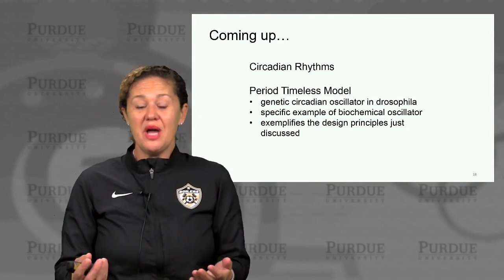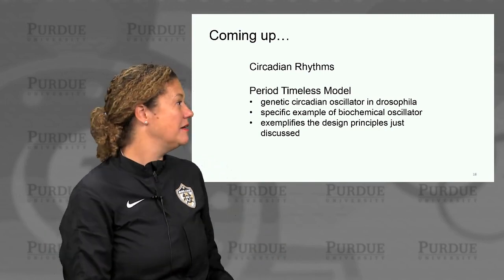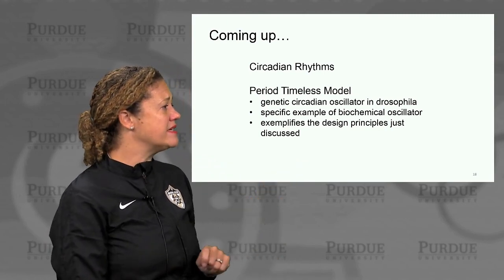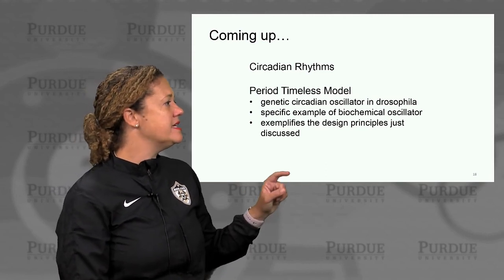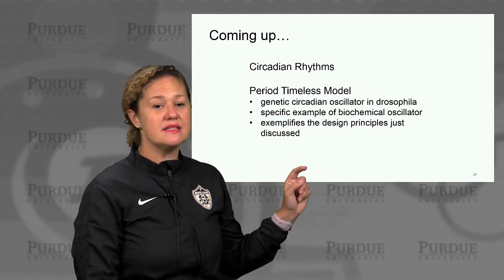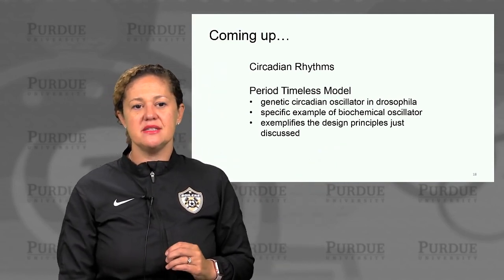So it's something you have a very close personal relationship with, whether you know it or not. But it's also a really great example from a mathematical and biochemistry perspective because it exemplifies quite nicely the four design principles of biochemical oscillators that we just discussed.